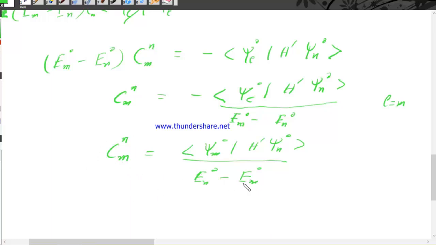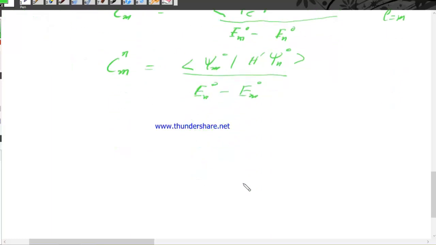Now we know the ψn¹, the first order correction to the wave function, is equal to the sum over m not equal to n of c_nm ψm⁰.